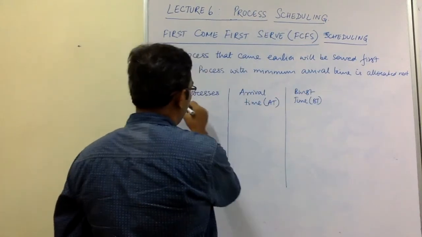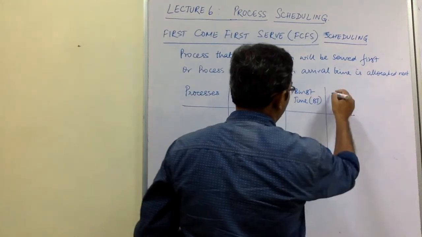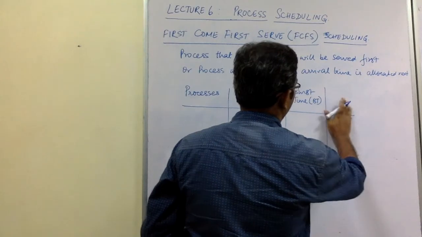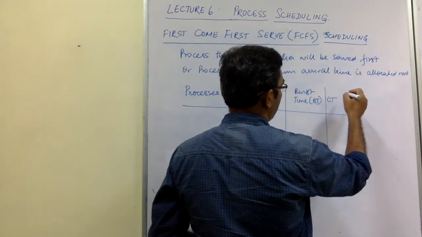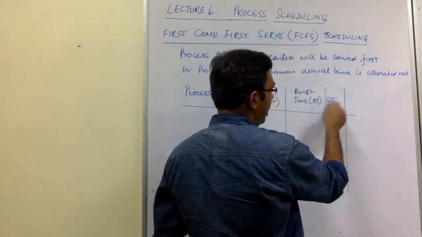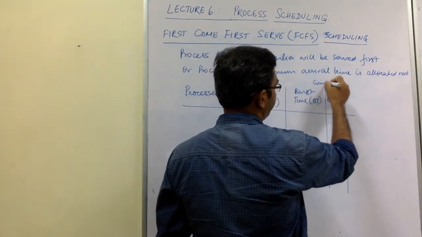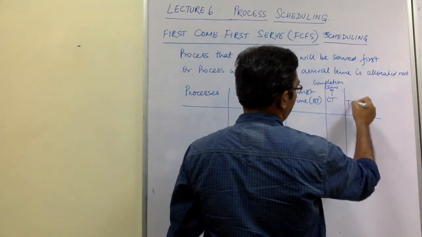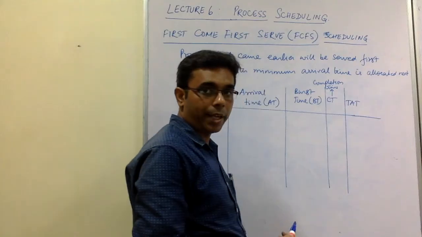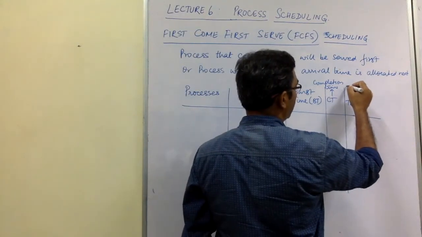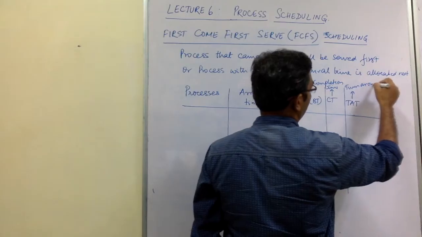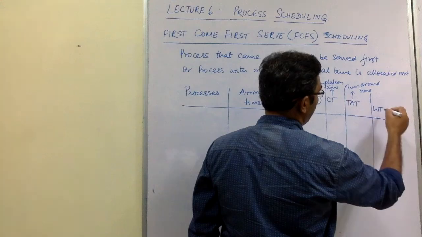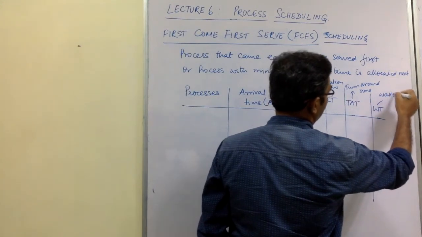Along with that, we will be computing the completion time, CT. We also have TAT, the turnaround time, which we already have discussed, and then we have WT, which is waiting time.